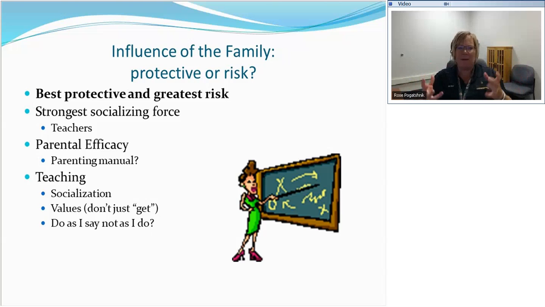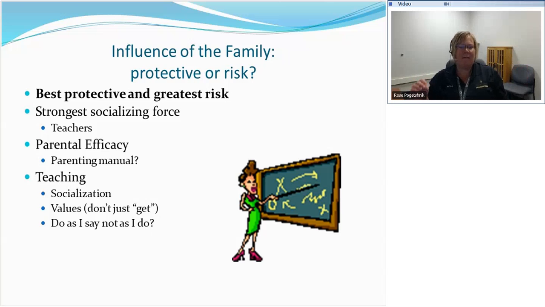It's the family and the parents who teach that socialization. Again, that ties in with parental efficacy. As I said, we don't come with a manual, but ultimately this begins with the parents. The parents teach that socialization process and how to thrive in a society. Kids don't just get values, they need to be taught values.